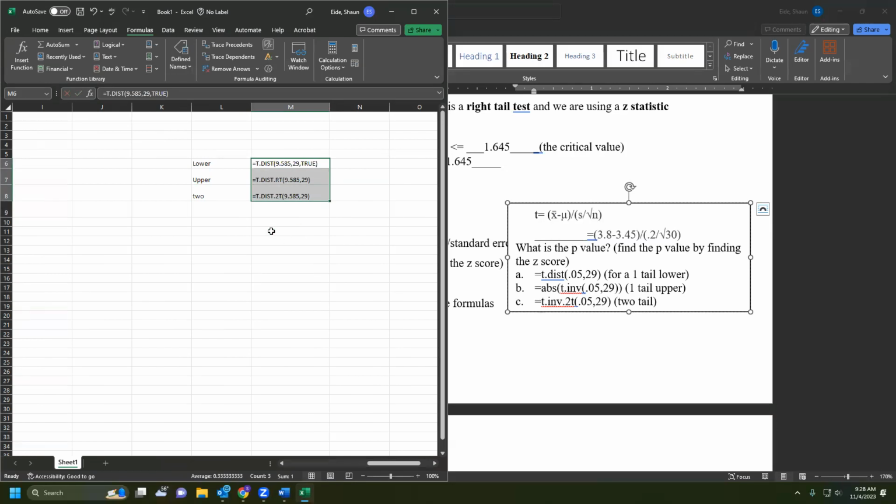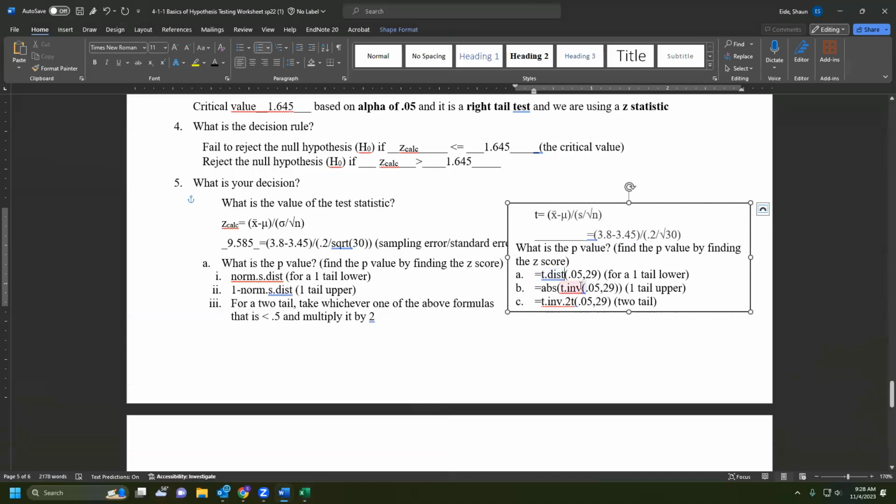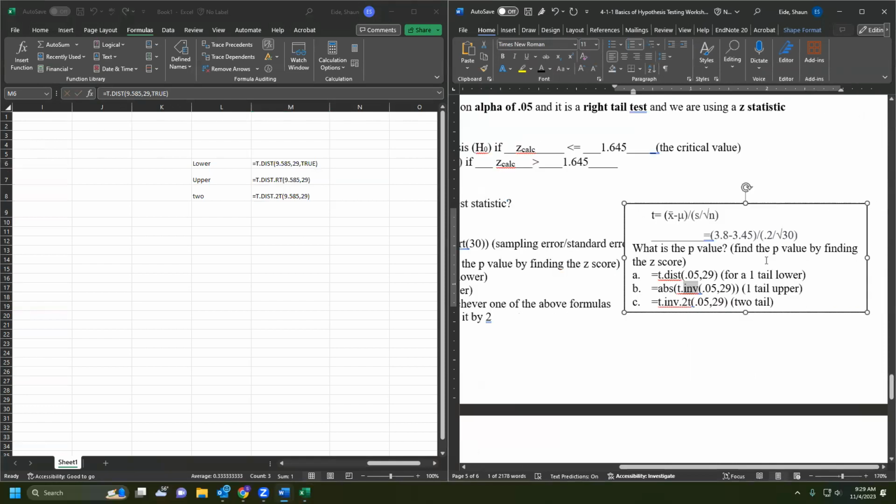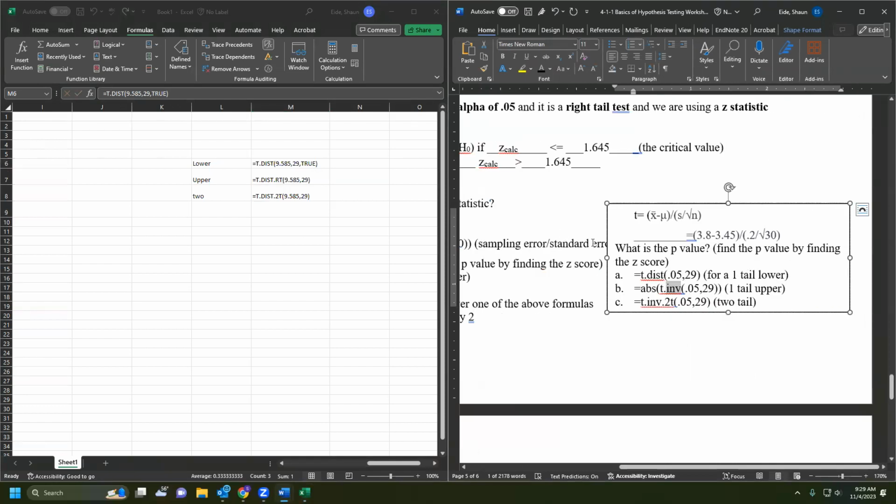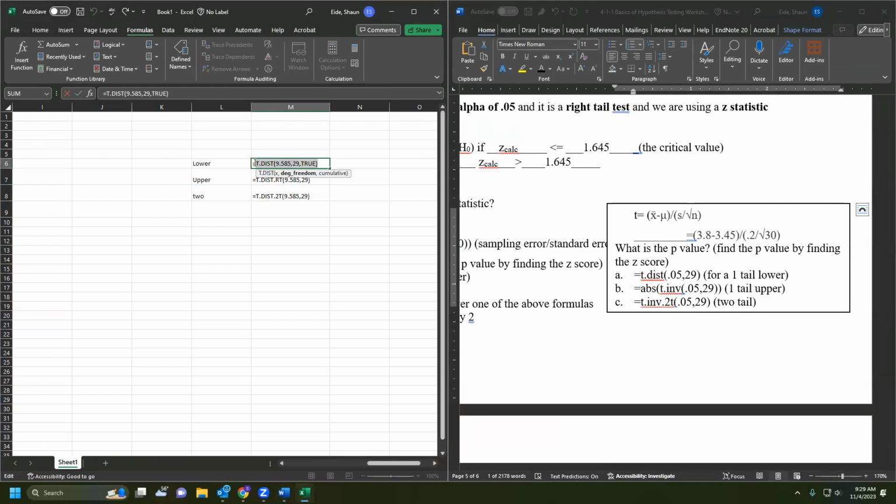Okay, so that's how you get the probability with a t-test, but we're not doing a t-test. I just wanted to show that because I messed this up, and I'll fix that. T dot dist. Let's just do this really quick.